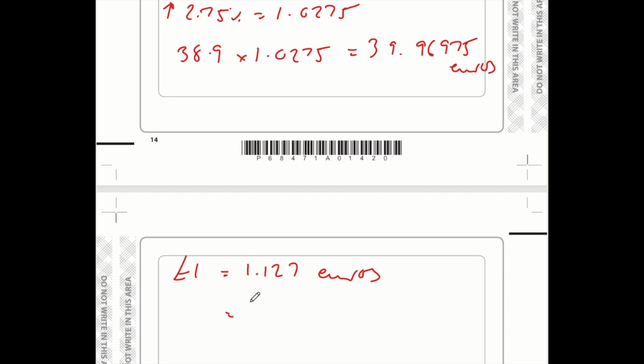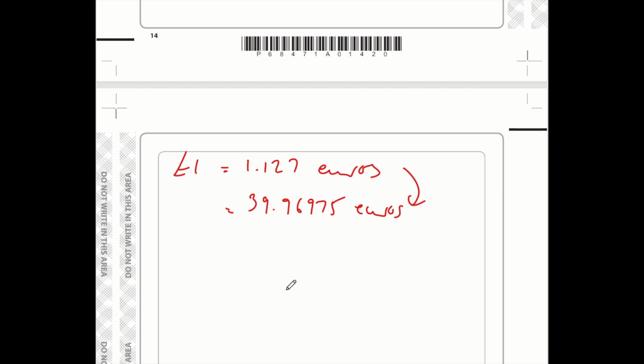And we have 39.96975 euros. So what we need to work out is how many times greater this figure is than 1.127. In other words, we need to divide 39.96975 by 1.127.